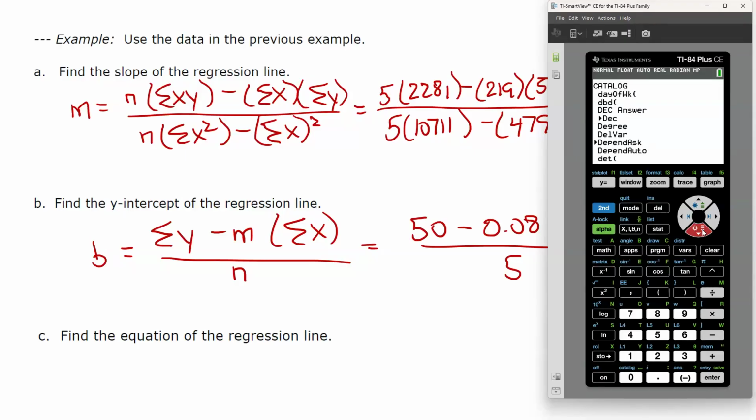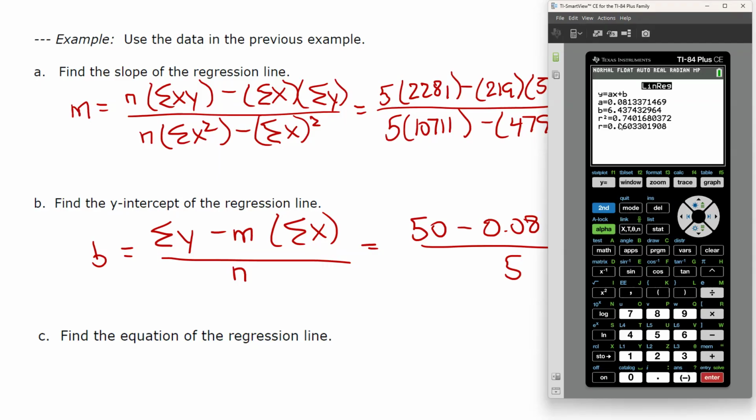And I want to go all the way down to diagnostic on and press enter. So your diagnostic is on. Now when you go to Stat, Calc, and then number 4, go all the way down to Calculate. Now you will also get your R, which is your correlation coefficient, which is the same value that we got when we did it by hand.